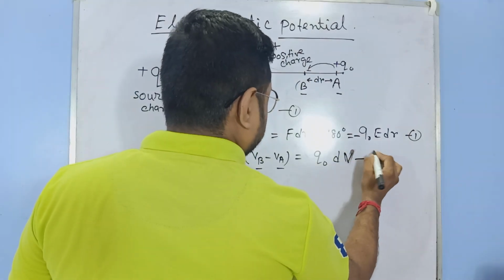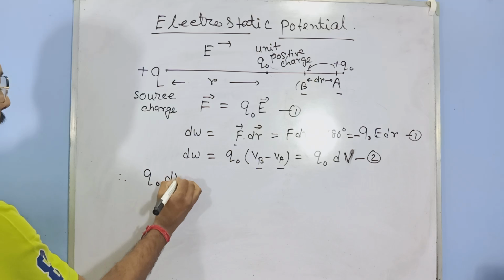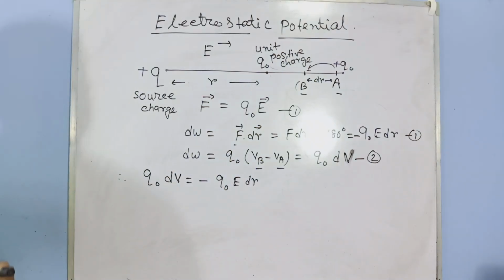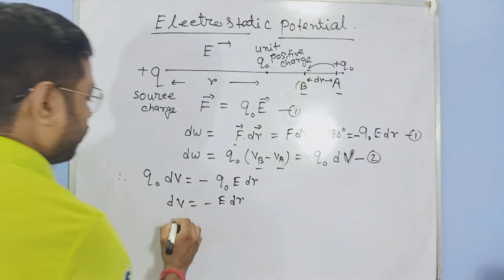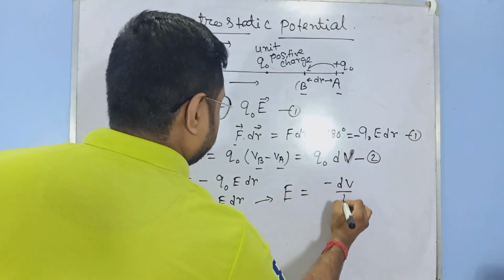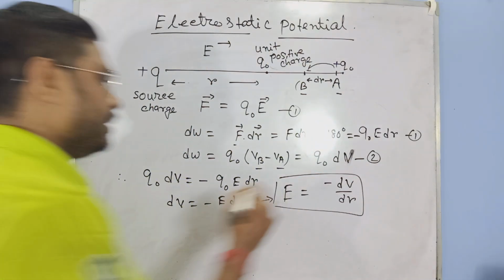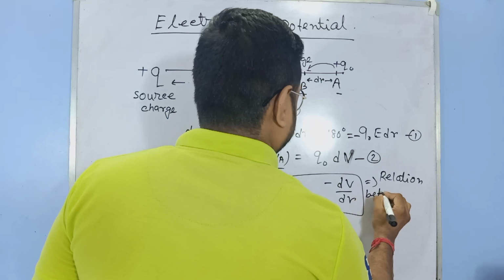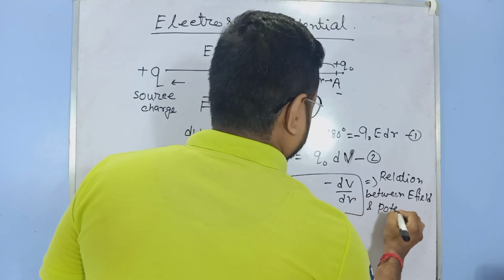Now if we equate the two equations, we get Q0 dV is equal to minus Q0 E dr. Q0 cancels out, so we get dV is equal to minus E dr, or E equal to minus dV by dr. This is the basic relation between the electrostatic field E and potential.